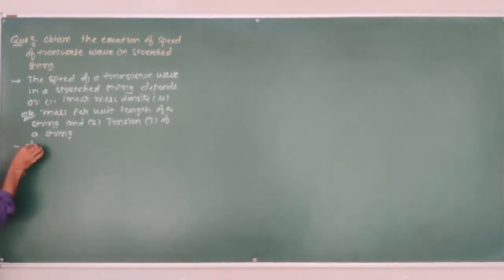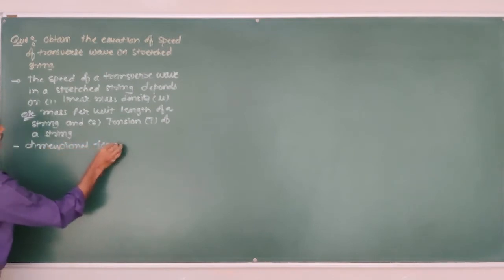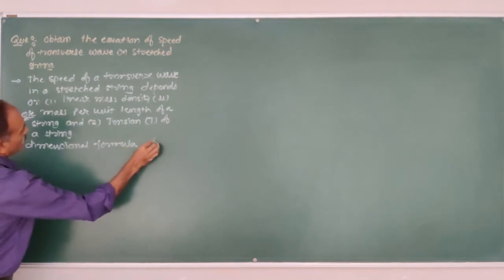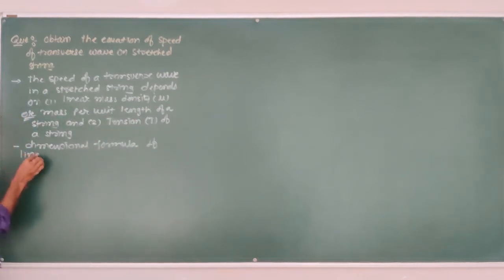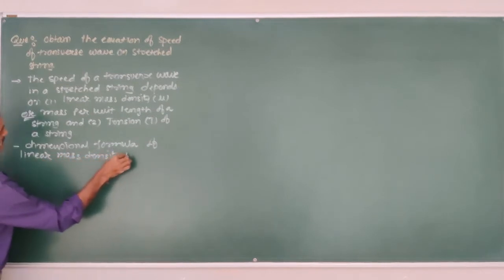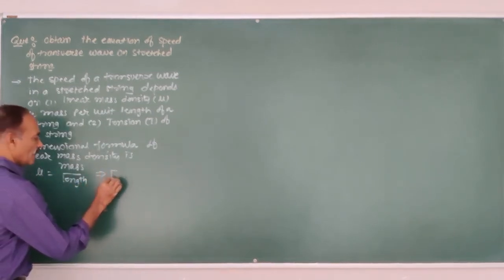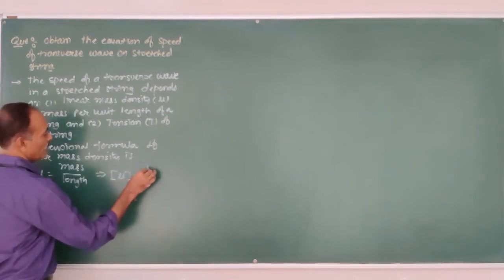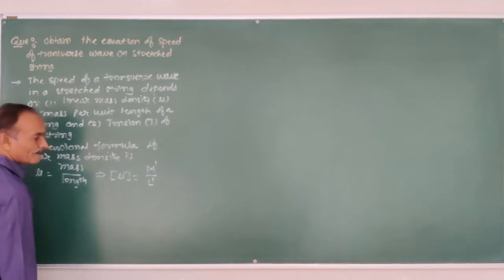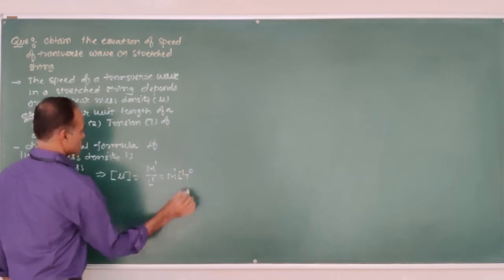Dimensional formula of linear mass density: mu is equal to mass upon length. Therefore, the dimensional formula of mu is M^1 upon L^1, so it's equal to M^1 L^-1 T^0.